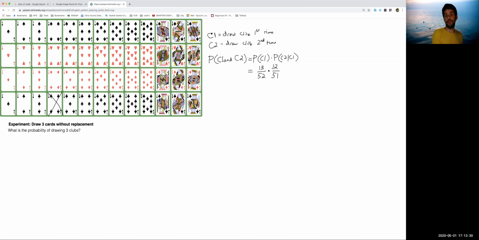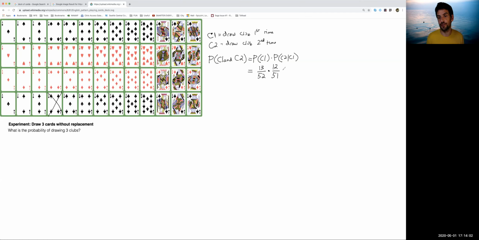And so that multiplication problem right there will give us the result. Let me compute that number really quick. We get 13 times 12 divided by 52 times 51. I'll just round to a couple of decimal places, let's go to 3 decimal places.